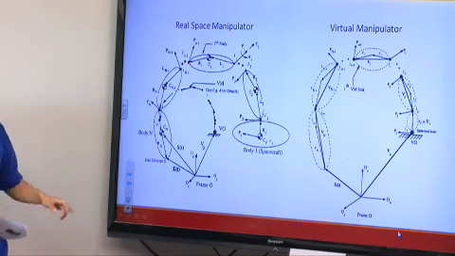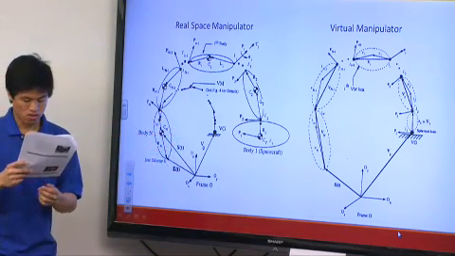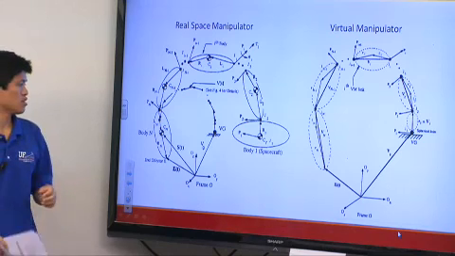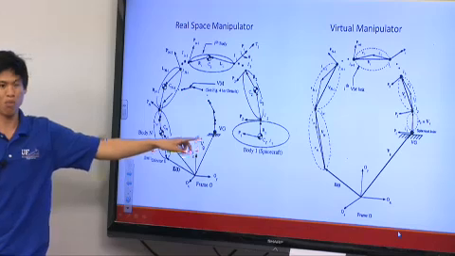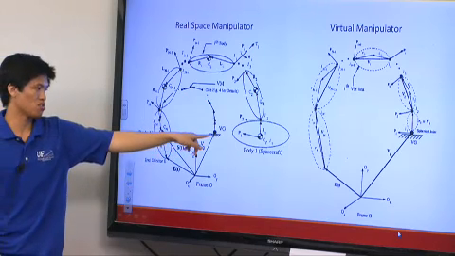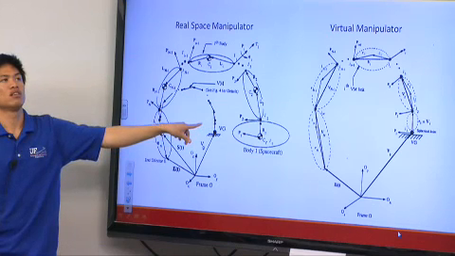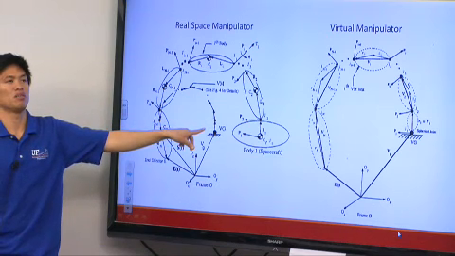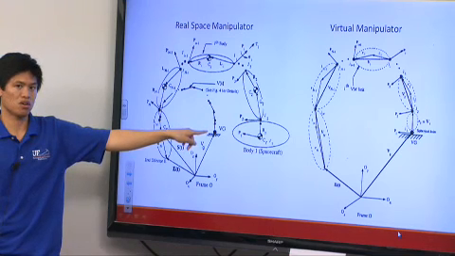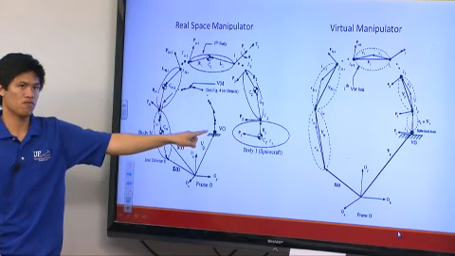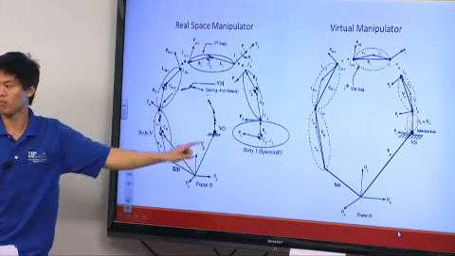The base of the virtual manipulator is called the virtual ground, and that happens to be the center of mass of the real space manipulator. The reason we choose the virtual ground to be where it is: when the system is unactuated, from conservation of linear momentum, the center of mass of the system is an inertially fixed point if there is no initial linear momentum.